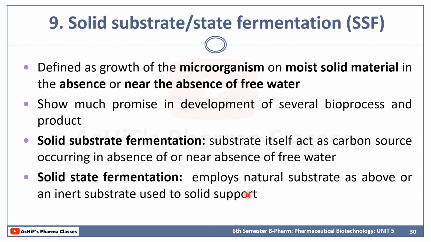So there is a small difference between solid substrate fermentation and solid state fermentation. In solid substrate fermentation, we use the substratum as a carbon source, and in solid state fermentation, we use an inert substance only as a solid support, without providing any kind of carbon source.